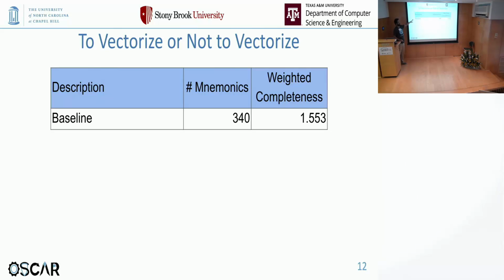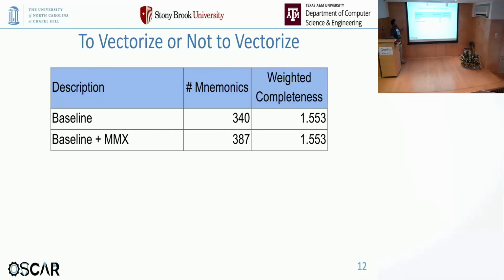So there's no SIMD in here, and we find that gives us a weighted completeness of 1.5%. Weighted completeness, again, being the number of packages that you can support in a given tool. So if you implement the whole baseline, which is about 340 of those 900-something instructions, you're only able to support about 1.5%.